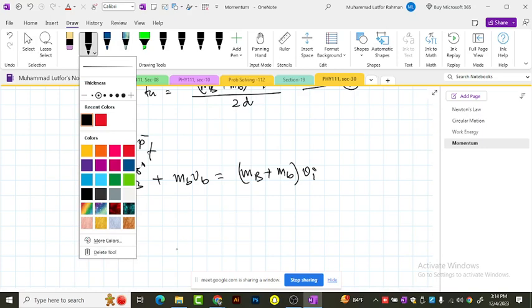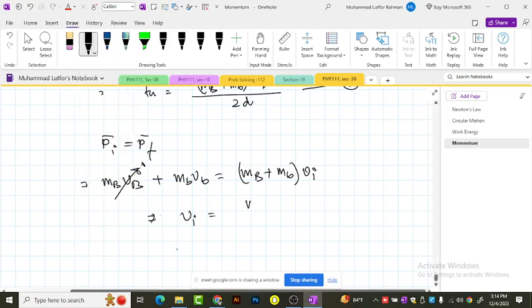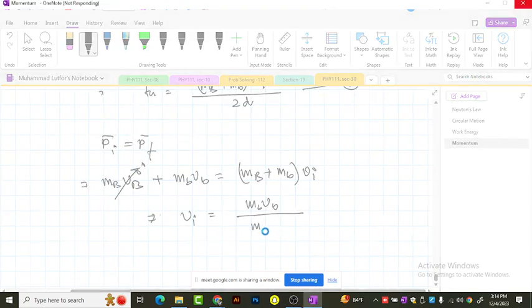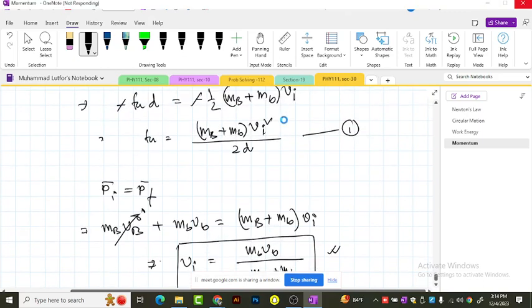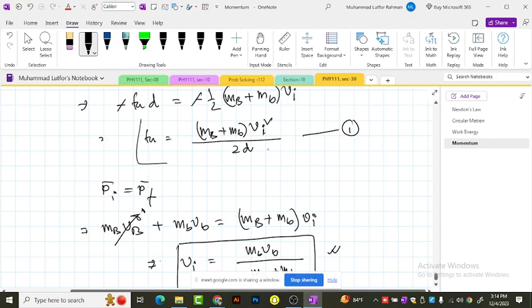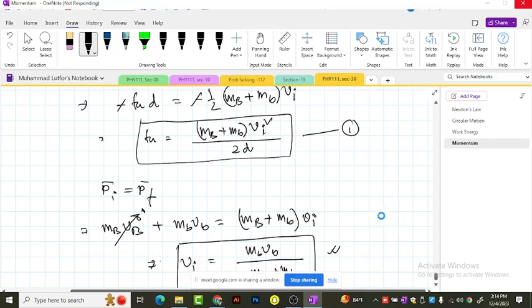So vi would be simply mb vb divided by the mass mb plus mb, right? So that should be the velocity. If you plug in those values, you can find out that vi. If you can find out the vi, then you will also be able to find out the frictional force if you just plug it in over here, because you know the other things over here, right? That's how you will be able to solve this and find the frictional force they're asking for.